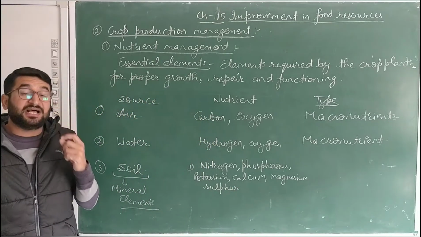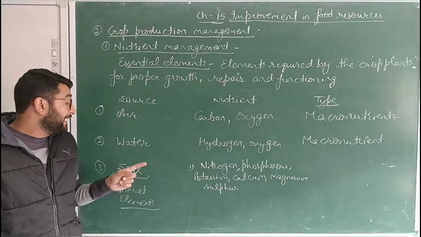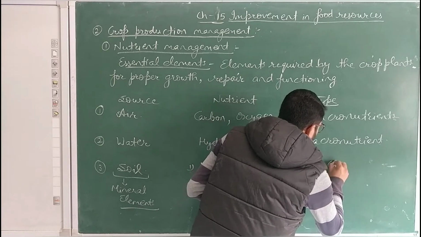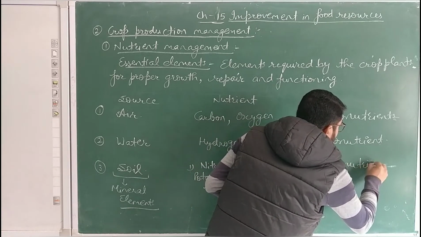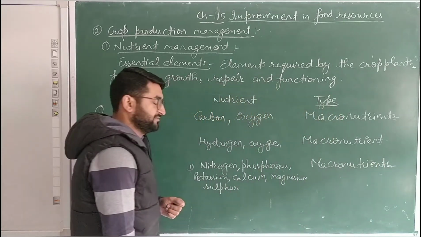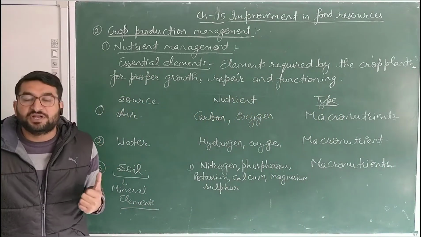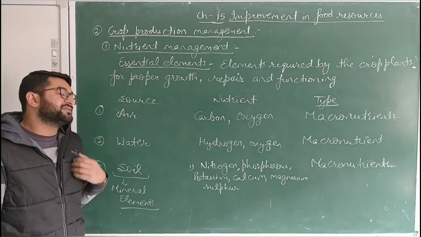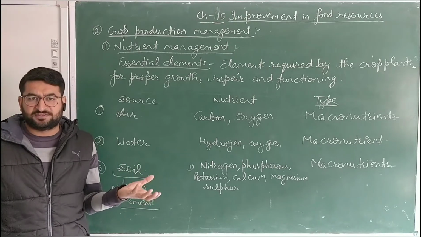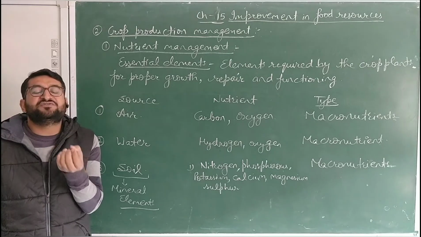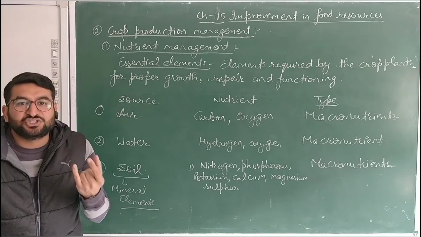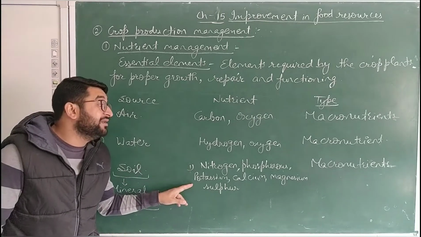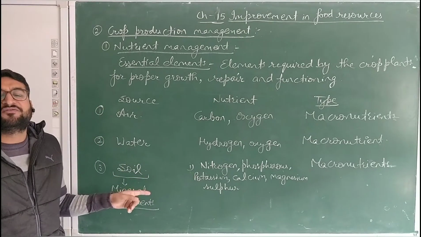These six nutrients are available to the plants from the soil, and these are all required in large quantities. So they are the type of macronutrients: nitrogen, phosphorus, magnesium, potassium, calcium, and sulfur. The elements which are required by the plant in large quantity are known as macronutrients, and these are available to the crop plants from soil.